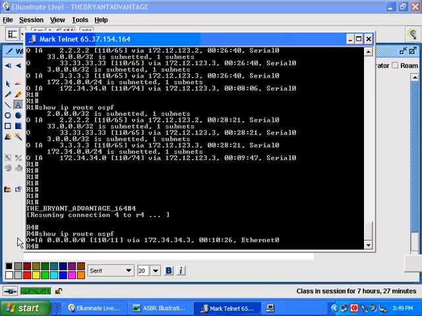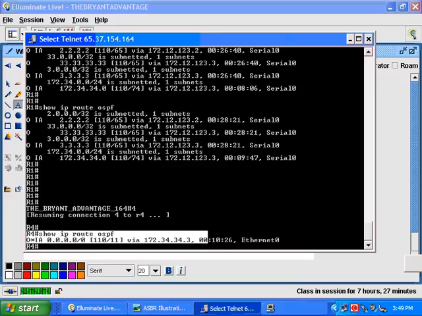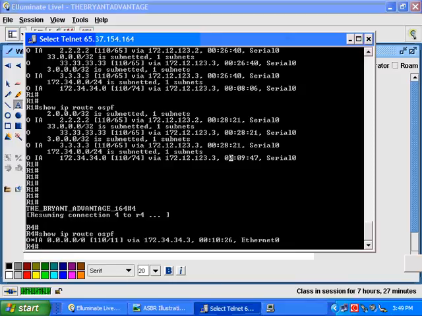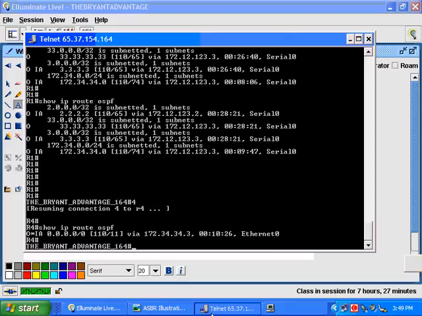It's O*IA. It is considered an inter-area route, OIA. So don't just let the asterisk throw you. We've got actually 2 different kinds of OIA routes. One is for an inter-area destination network, and the other is the default route that your stub and total stub routers are going to have.